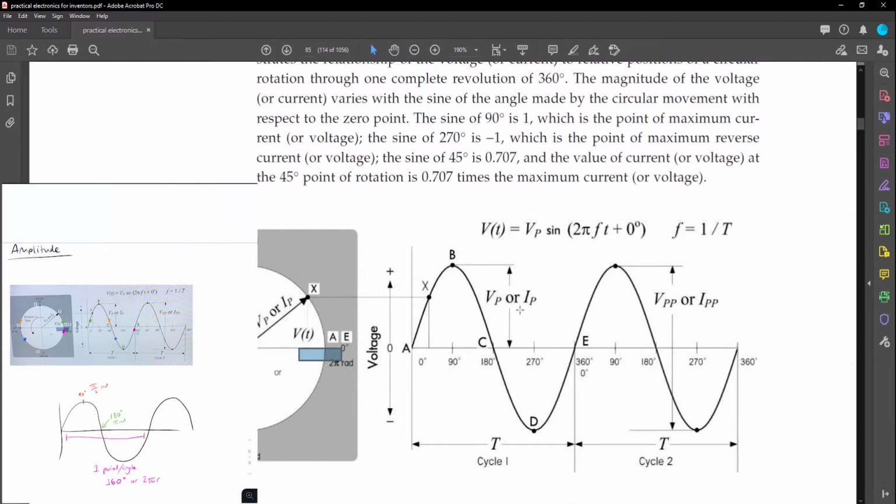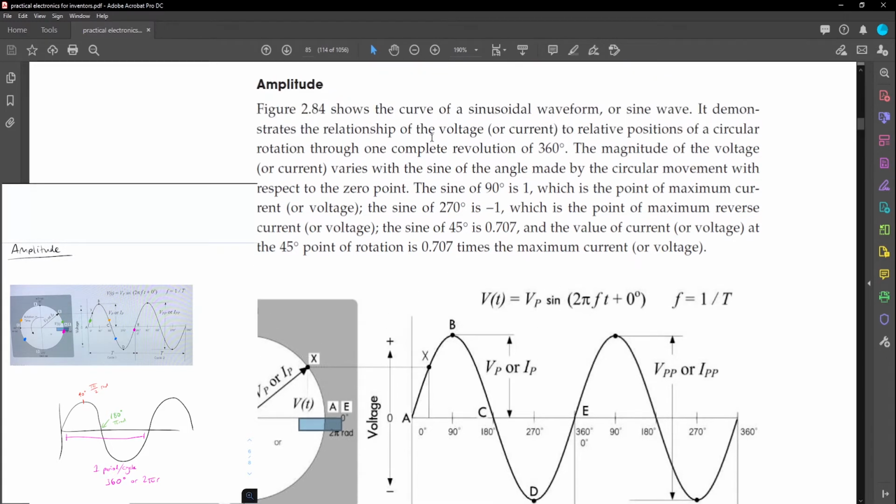That's cool. Okay, so how can I write that in words? What have they said here? They've said it shows the curve of a sine wave. The sine wave demonstrates the relationship of voltage to relative positions of a circular rotation through one complete revolution of 360 degrees.